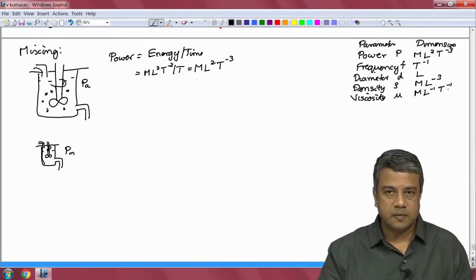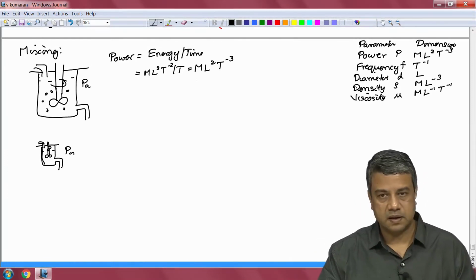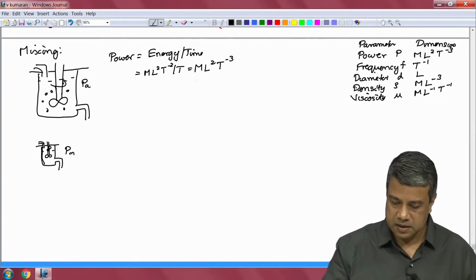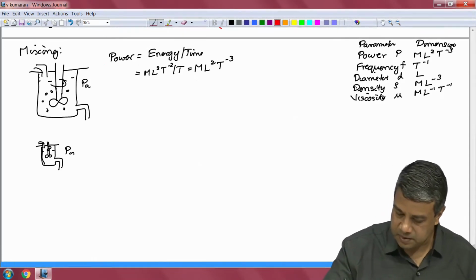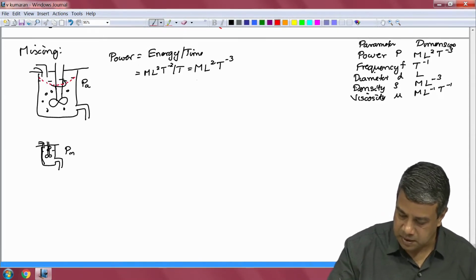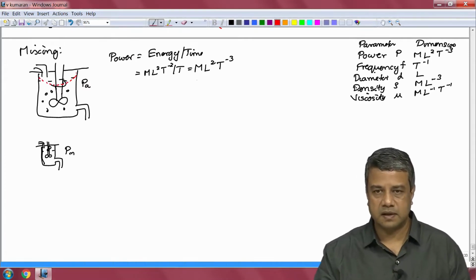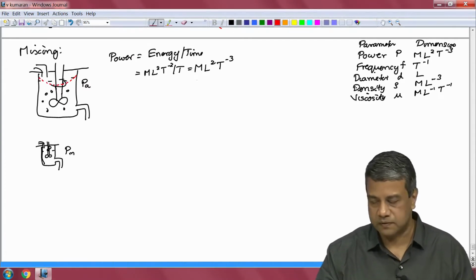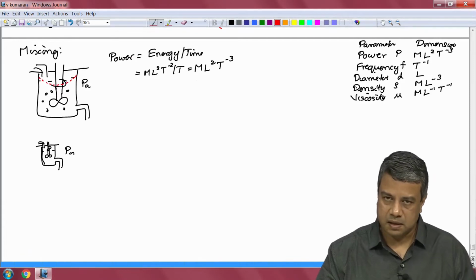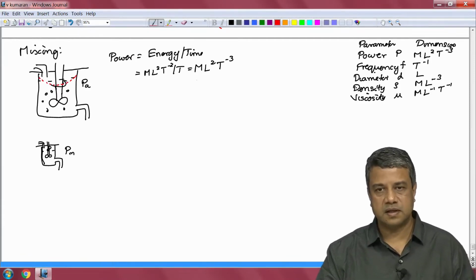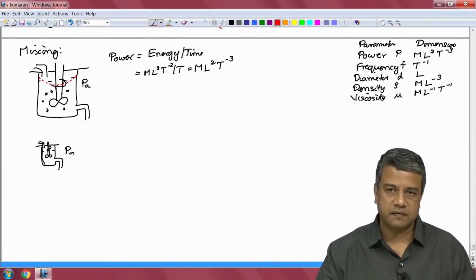It can also depend upon surface tension and gravity. The reason is because as you rotate this impeller, the interface shape will change. It will be depressed at the center and it will be elevated at the circumference because of centrifugal forces, and the balance between the centrifugal and the gravitational force is what determines the interface shape.